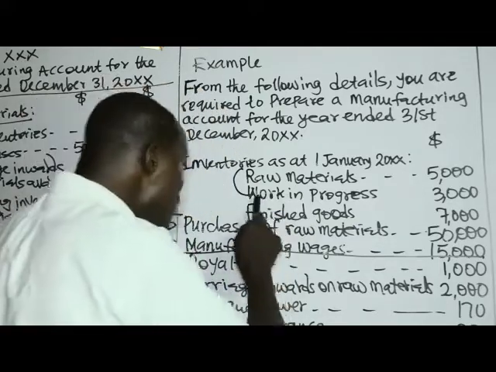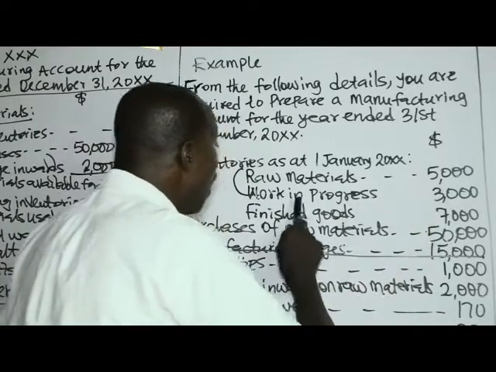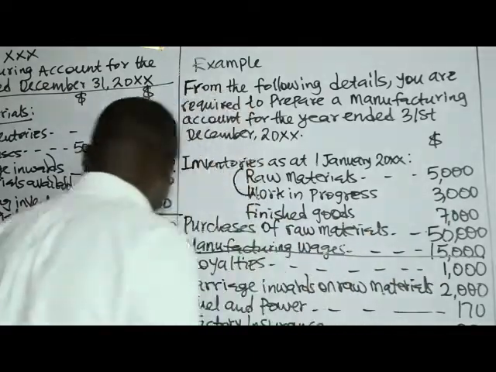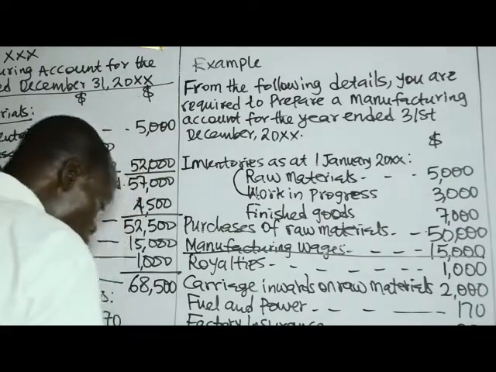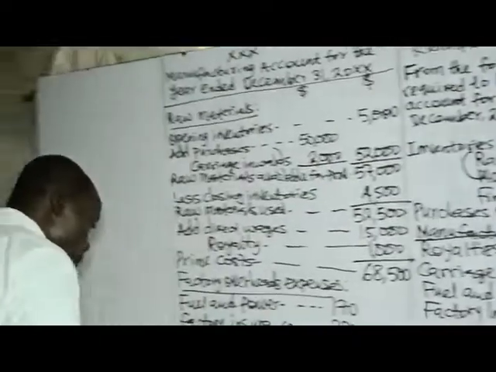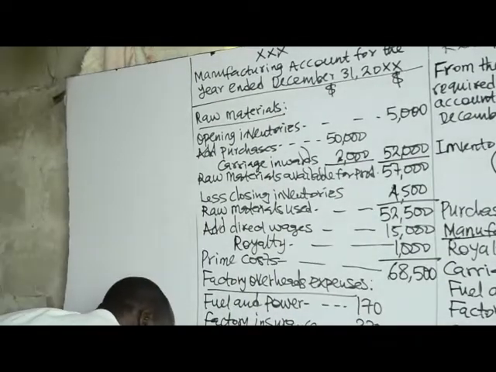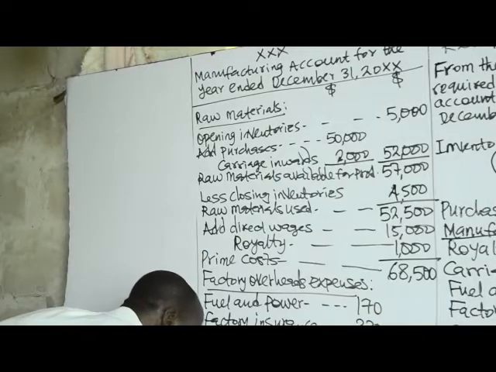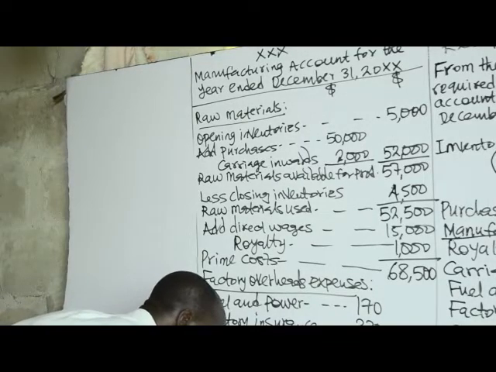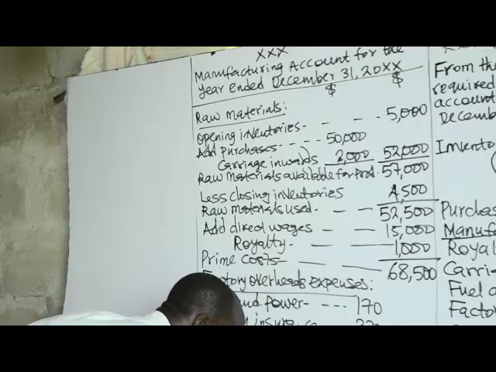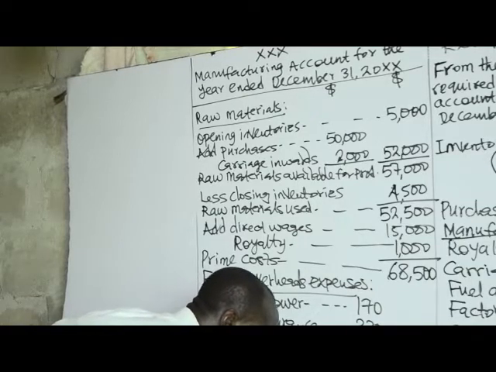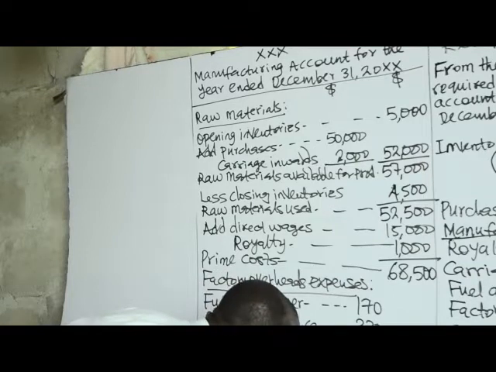So now, the opening inventory of work in progress is 3,000. We are therefore going to add the opening inventory of work in progress, that is 3,000.